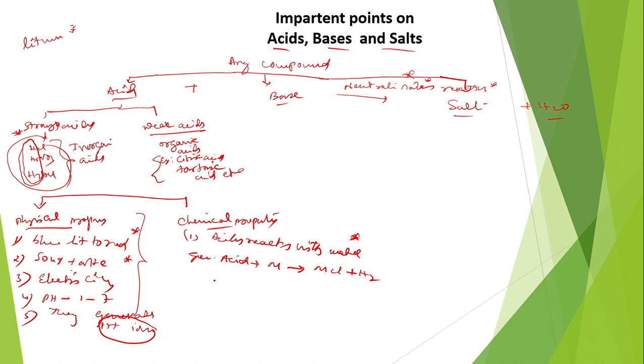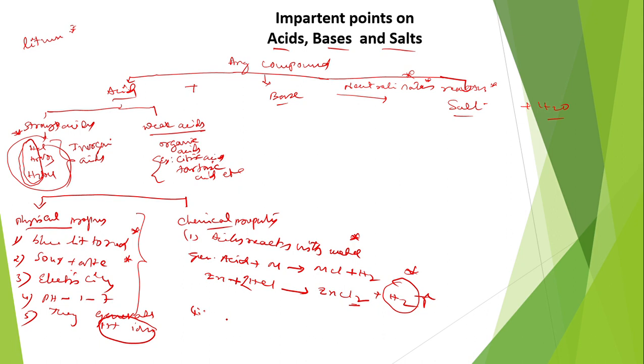Now if you put hydrochloric acid onto zinc granules, you will get ZnCl2. See, here the 2 is there. You have to put 2 here, plus H2. So the equation is balanced. This is the liberation of hydrogen gas. They may ask questions on this.